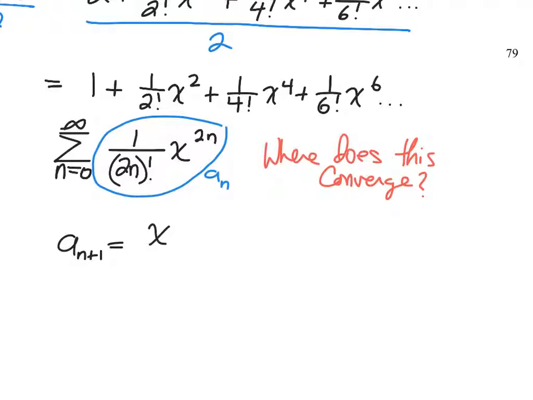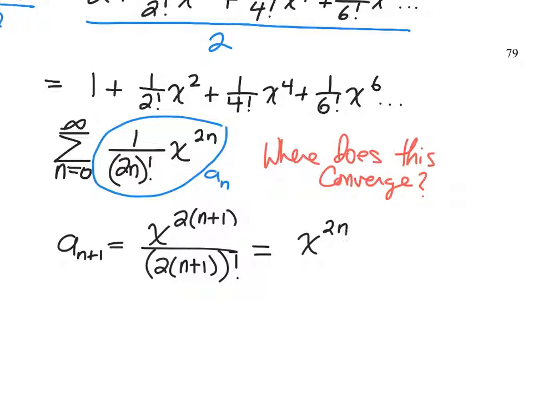So x to the 2 times n plus 1 over 2 times n plus 1 factorial, which cleans up a little bit to x to the 2n plus 2 over 2n plus 2 factorial.